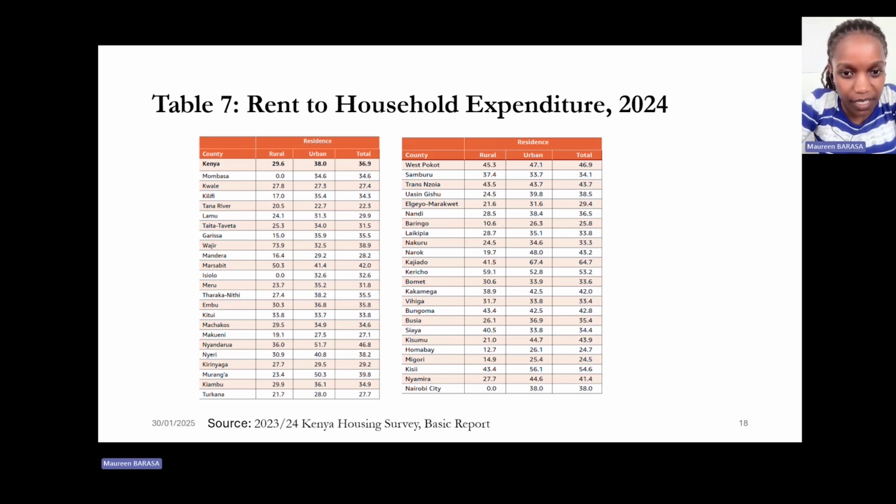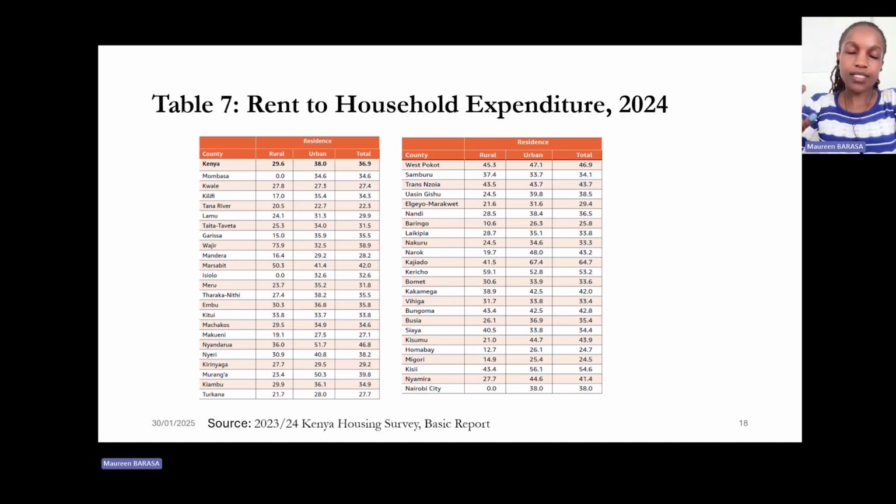And you also have counties like Siaya, which allocates 40.5% of their household expenditure towards rent in rural areas, and 33.8% in urban areas.